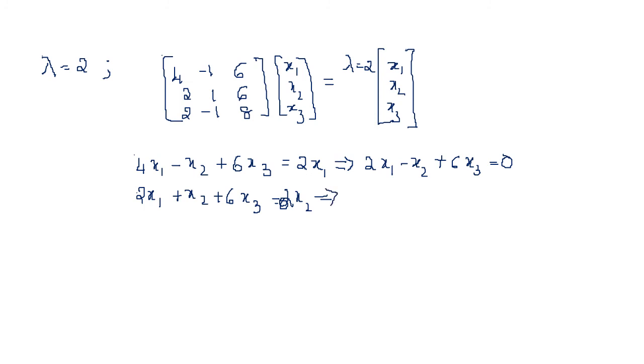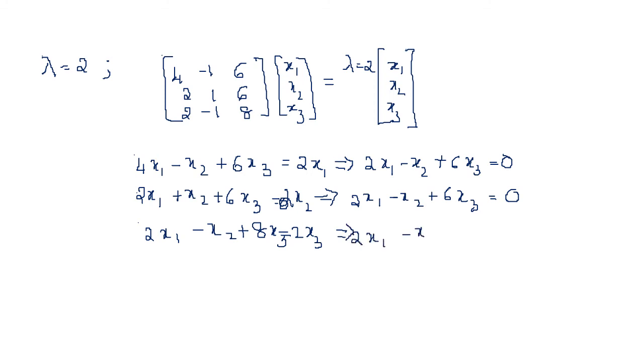That will give me 2x1 minus x2 plus 6x3 is equal to 0. Third equation is 2x1 minus x2 plus 8x3 is equal to 2x3. That will give me 2x1 minus x2 plus 6x3 equal to 0. If you observe, all these three equations are identical.